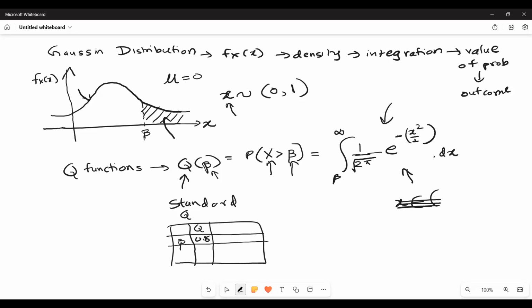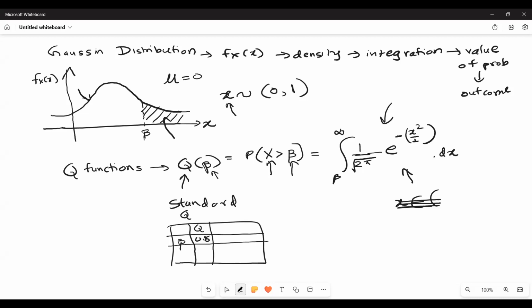We can use this integration to find the Q value, by integrating according to this integration, right? So that's all regarding the Q function.